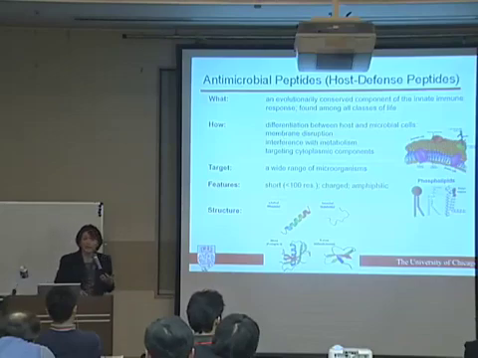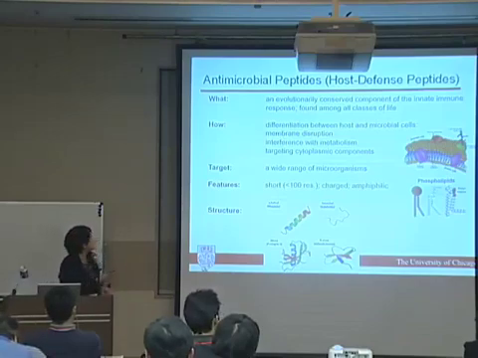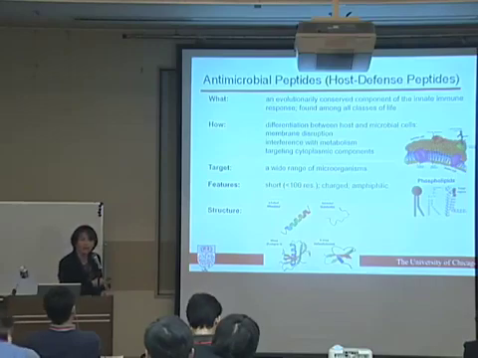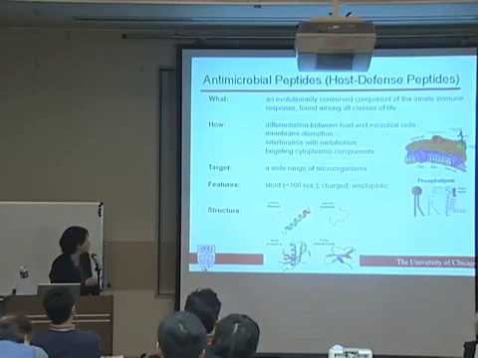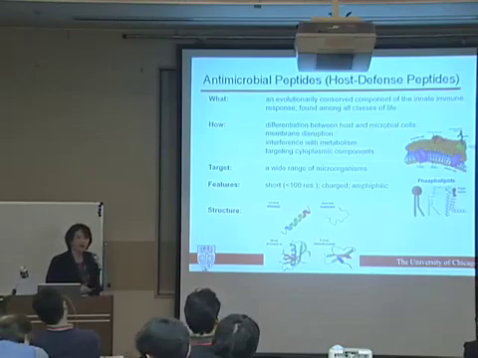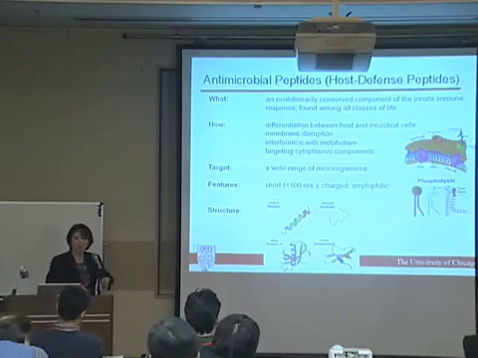Unlike antibiotics, which we take when we have a bacterial infection, this class of peptide, of which over 1,200 have been identified as antimicrobial in nature, has a wide range of targets, ranging from gram-positive and gram-negative bacteria to viruses, and so on.